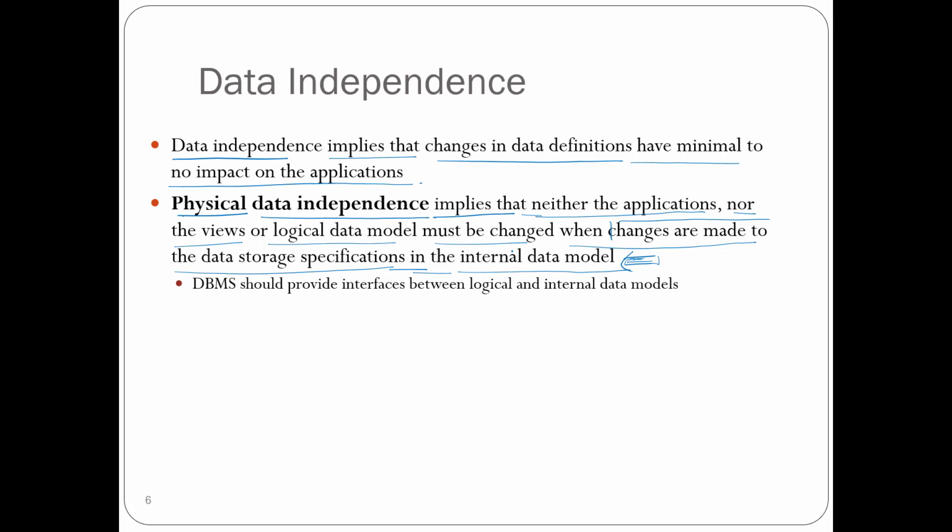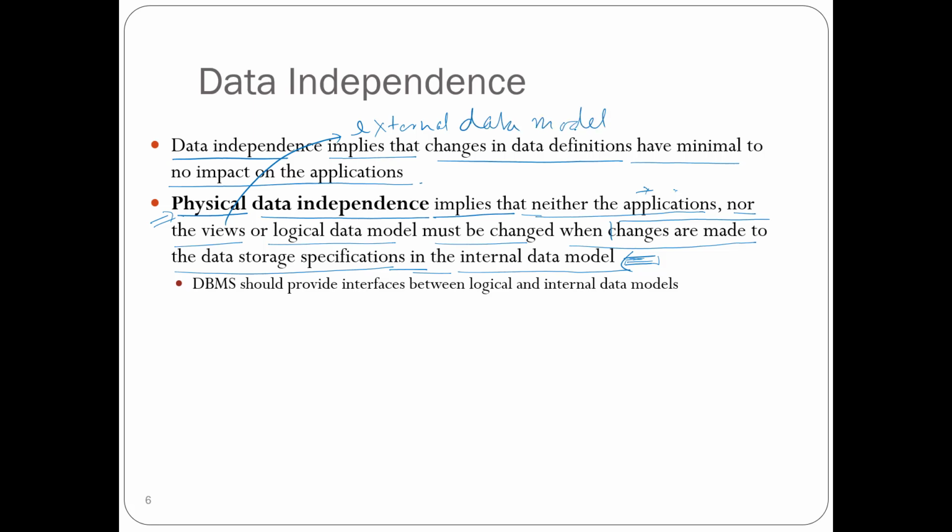Now the question arises, how was that flexibility possible? That flexibility was possible because of the concept of physical data independence, which says that neither the application needs to be changed nor the view. What is the view? View is a part of external data model.